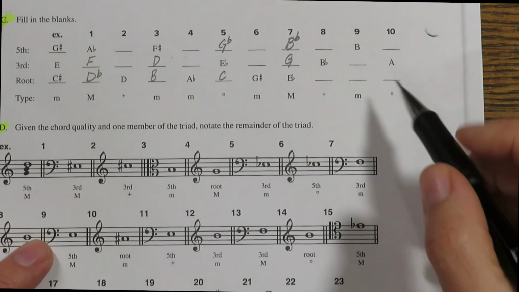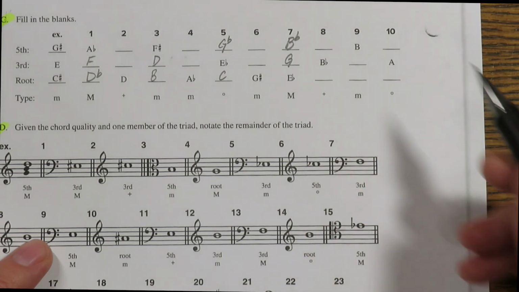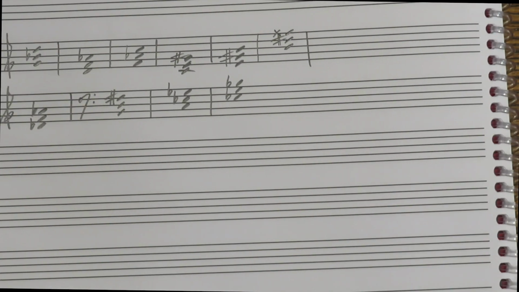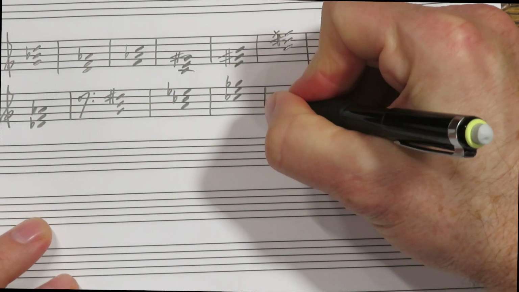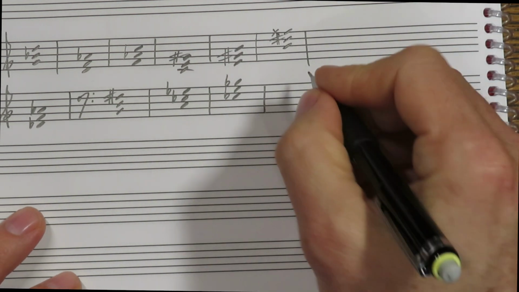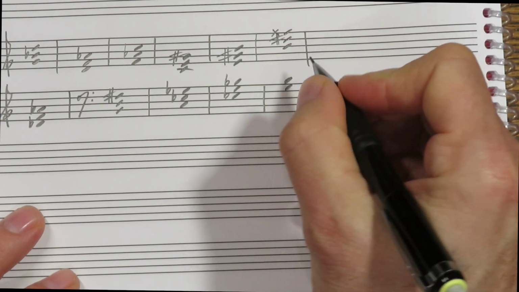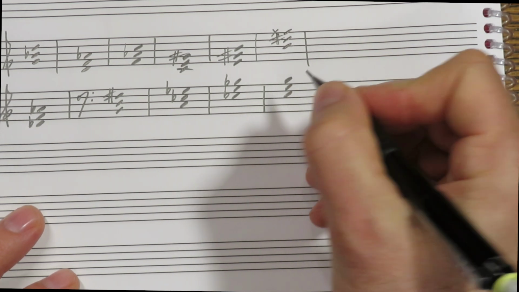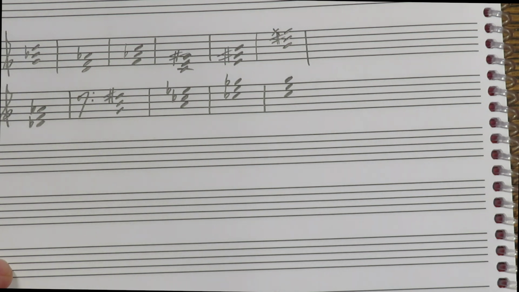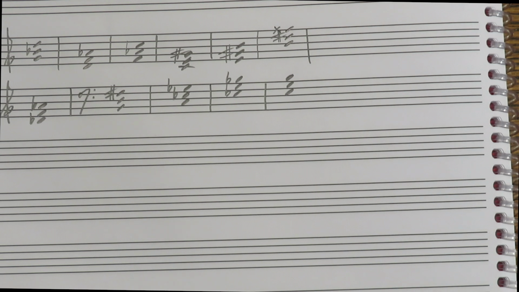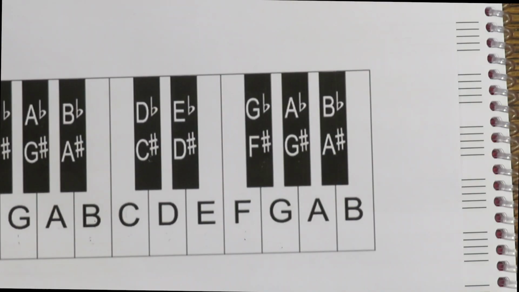And number 9. This time it's minor, and the fifth of our chord is a B. We're going to stack it up. So we have an E, G, B. So we want a minor third and a major third, right?